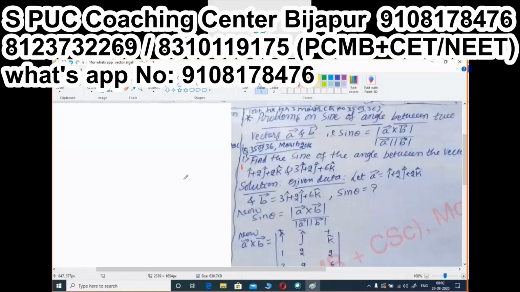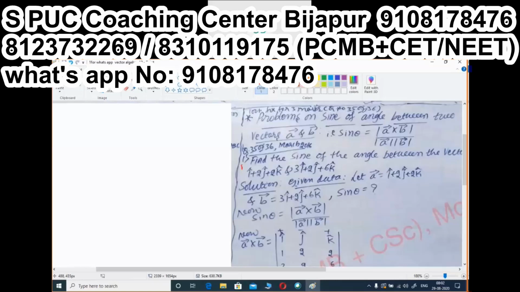Take problems on the sine of the angle between two vectors, A vector and B vector. I already dictated about that, so you can write it as 100% fixed for 3 marks. Usually it appears as question number 35 or 36.